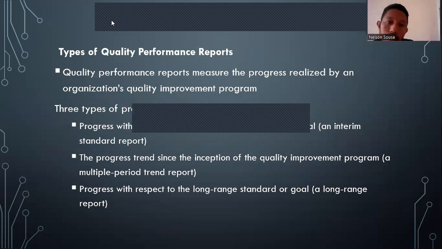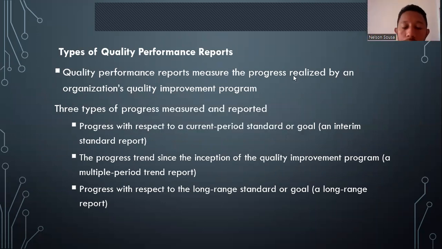Thank you, Maria. Now I will continue the third part about controlling quality cost. There is the type of quality performance report. Quality performance reports measure the progress realized by an organization's quality improvement program. There are three types of progress measure and report.